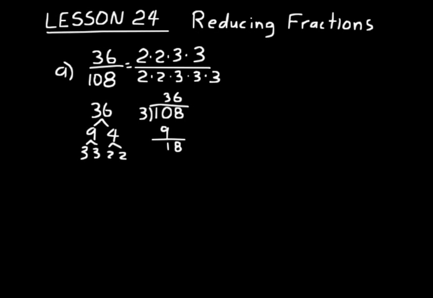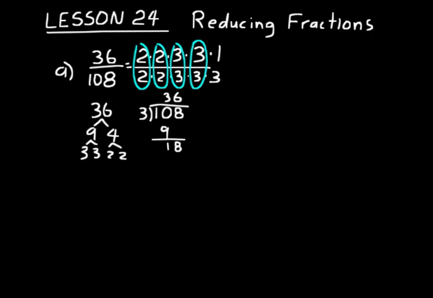Now here's the neat thing that you can do when you have factors in the numerator and denominator that are the same. You can just cancel those out because that relationship equals 1. Like you have a 2 over 2, a 2 over 2, a 3 over 3, another 3 over 3, and so we have the same number of factors on top as on bottom.